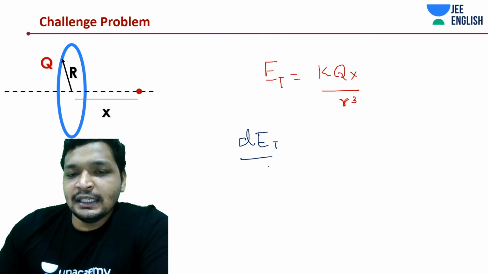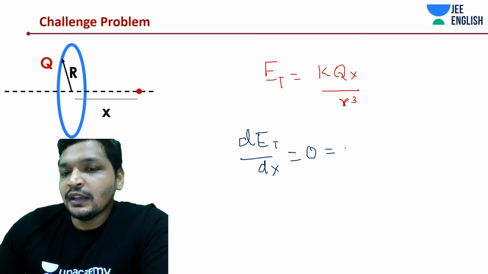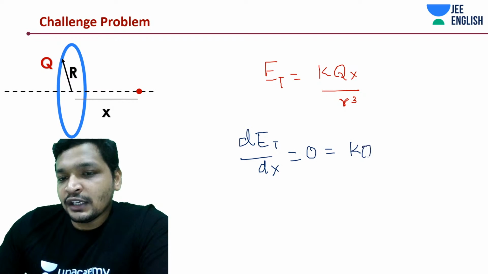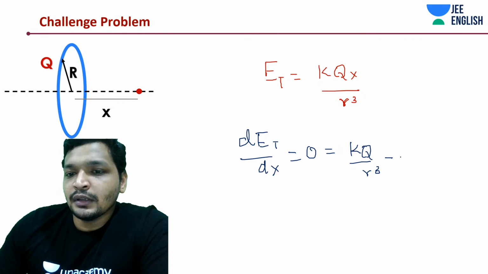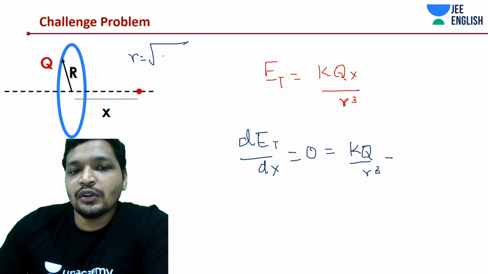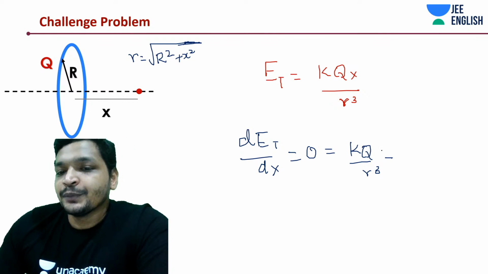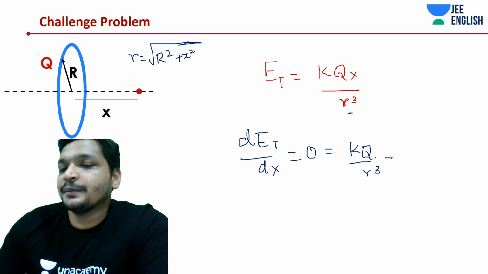dE by dx is equal to 0, which says first term kq by r cube, and second term, you also actually, if you remember, what is r? R was under root r square plus x square. There will be an x there as well. You can't ignore the r term.